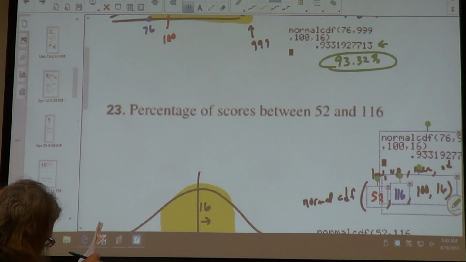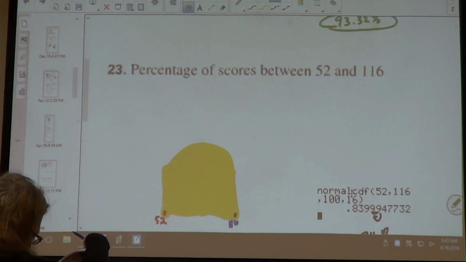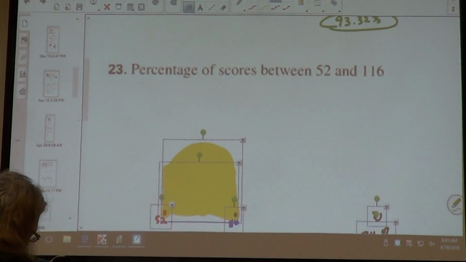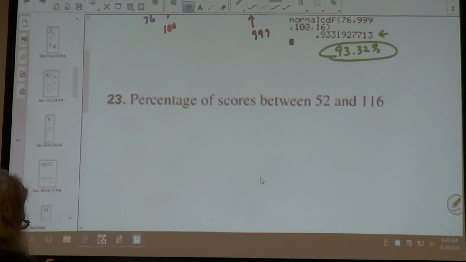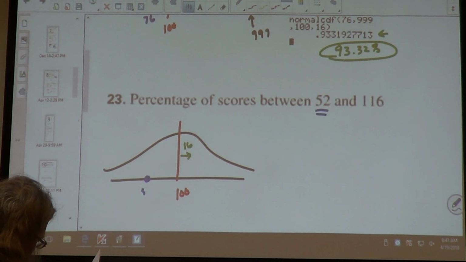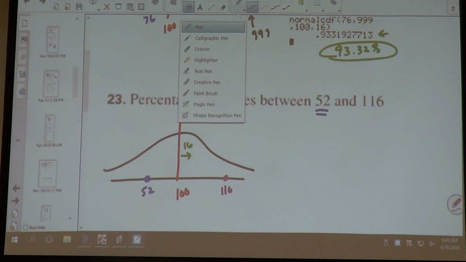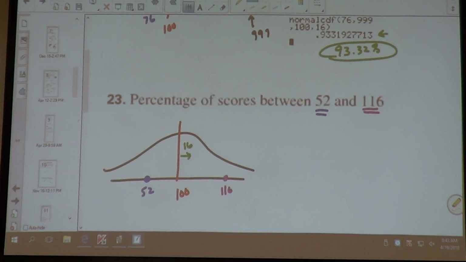All right. For this one, we have the mean, we said was 100. The standard deviation, we said was 16. This time we have two data points. 52 is going to be less than 100. 116 is going to be greater than 100. And we are shading between those 2 points.